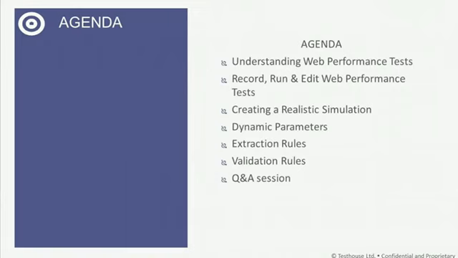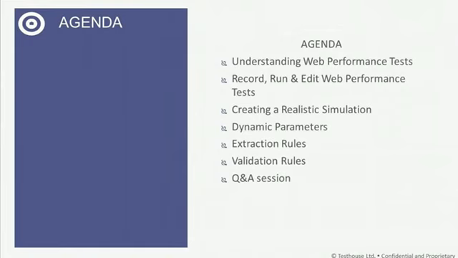Moving on to today's topic, web and load. I'll just quickly run through what we'll be talking about today. Understanding web performance tests, just to give a little bit of background about what they're for and basically how they work. There's some demos as well. I'll be looking at how to record and set up a simple web test and then how to run one. Talking a little bit about how you can edit it to make it more realistic and make it do more advanced things.